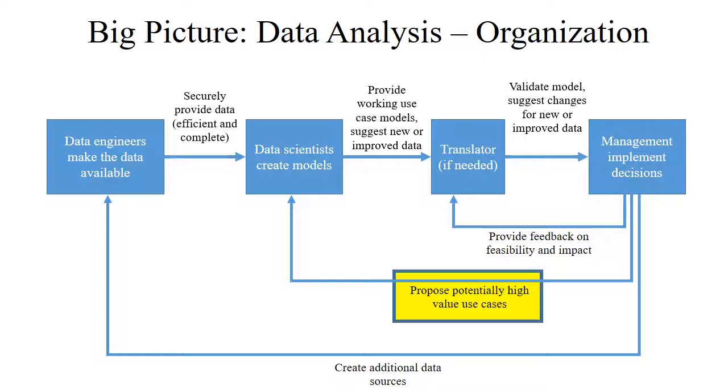We want to implement and use this data and implement models to actually create value. Who's most likely to know what's going to create value for the customer? Well, it's going to be operations frequently and a lot of the management team. They know what customers want. They're hearing this feedback. They have an idea of the value that they want to create.